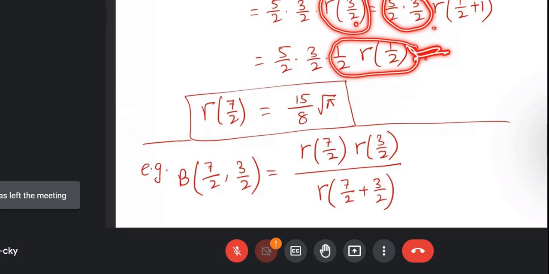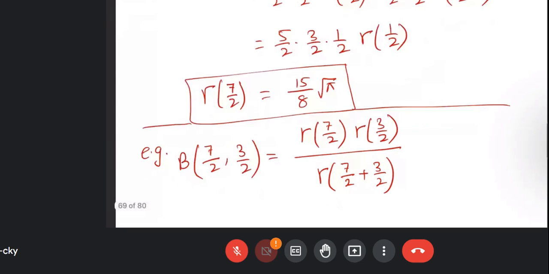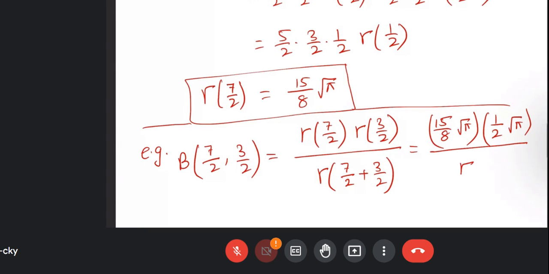It means gamma of 7 by 2 is 15 by 8 into root pi, and gamma of 3 by 2 is 1 by 2 into root pi. In the denominator we have gamma of 7 plus 3, 10, divided by 2, that is 5.